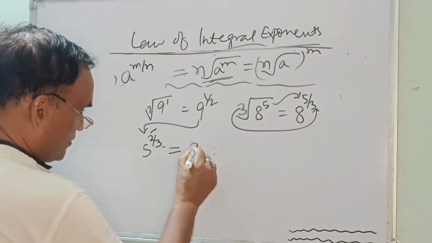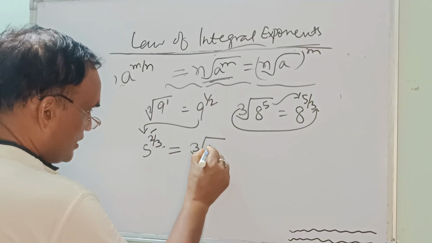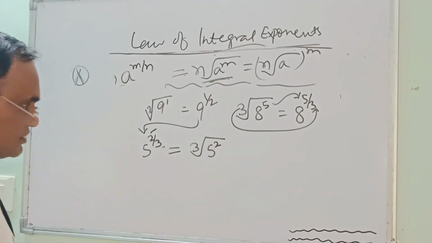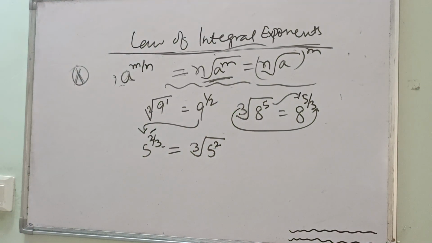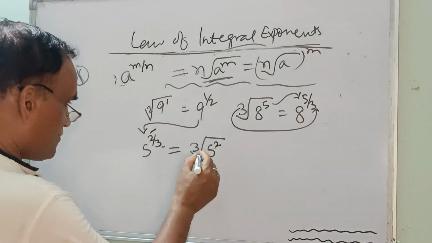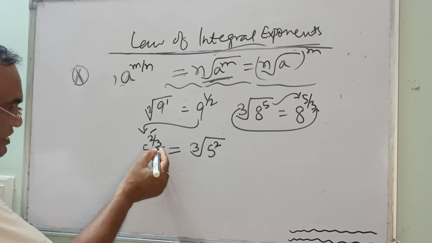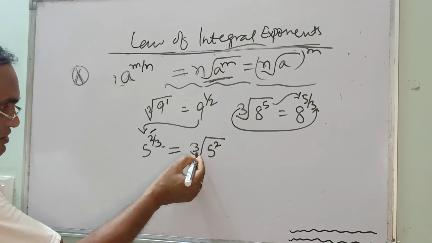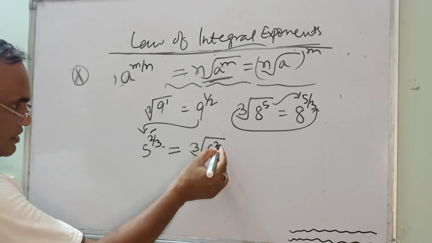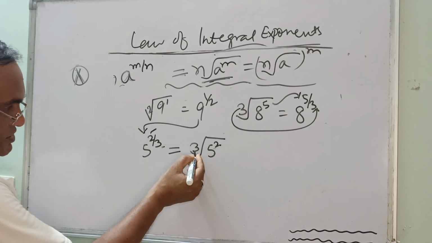So gentlemen, can you write like this? Is it correct or not? It is the same thing, because again 5 to the power 3, as I have told you, this 3 is the denominator and that is the numerator, and 5 square is a numerator part, this is a denominator part.